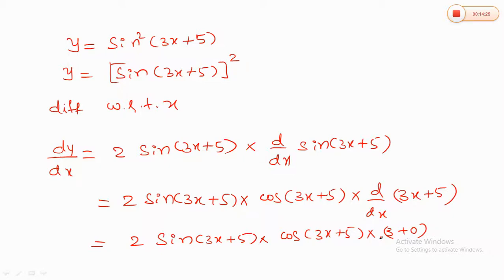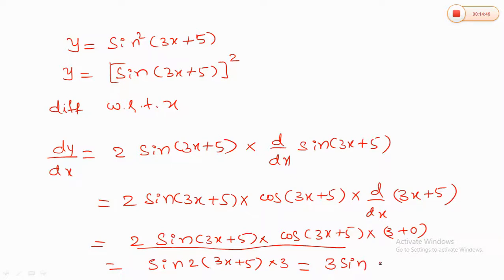So observe here, a little bit of simplification: 2 sine x cos x is sine 2x, where x is here 3x plus 5, this into 3. Therefore this equals 3 sine 6x plus 10, which is the answer. Actually this much is sufficient, this is an entirely optional step. Yes, thank you.